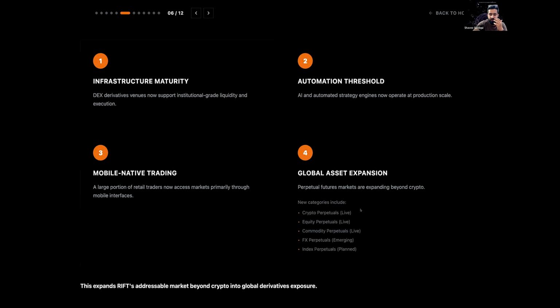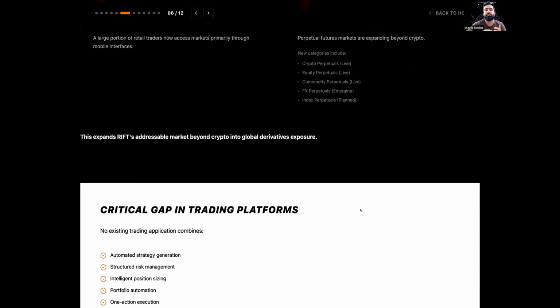And with these new cryptos, with these new financial instruments getting into the market, the competition rises. And as the competition rises, so do the complexities in finding the right opportunities. And if the tools are there to find the right opportunities, why not execute trades and make money over them?